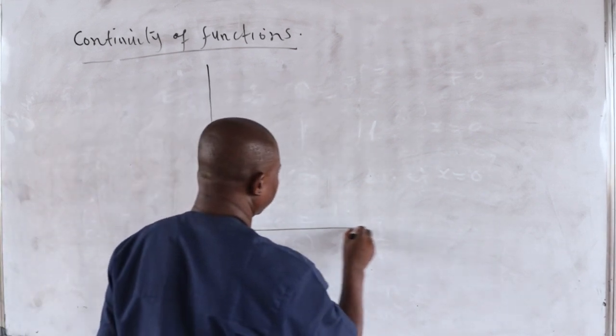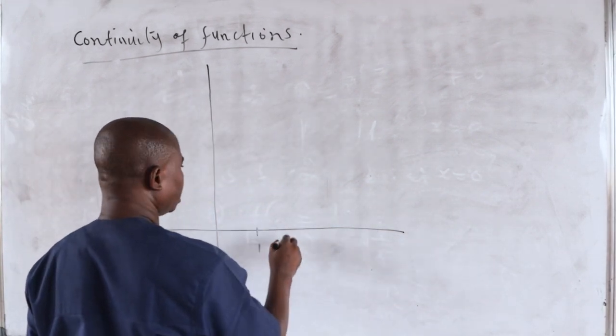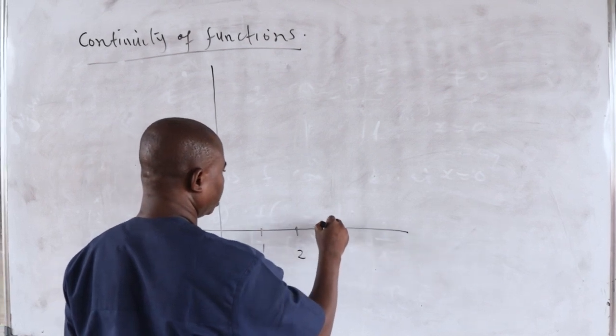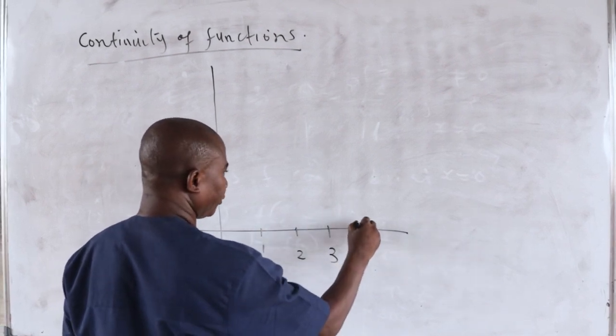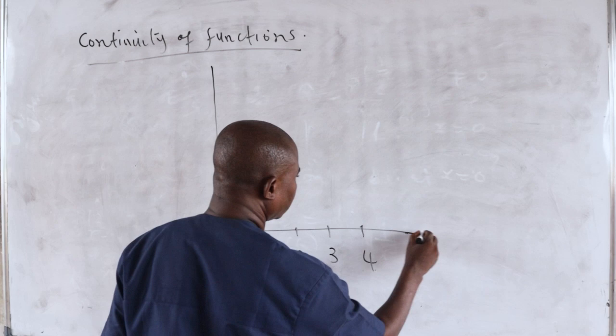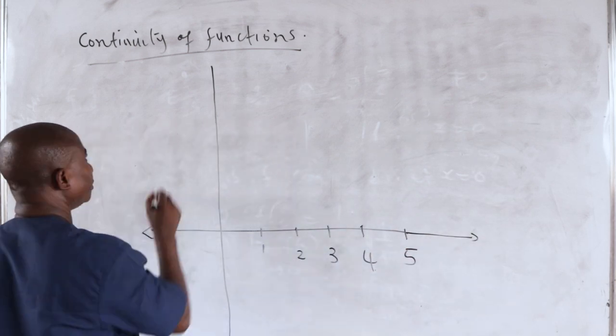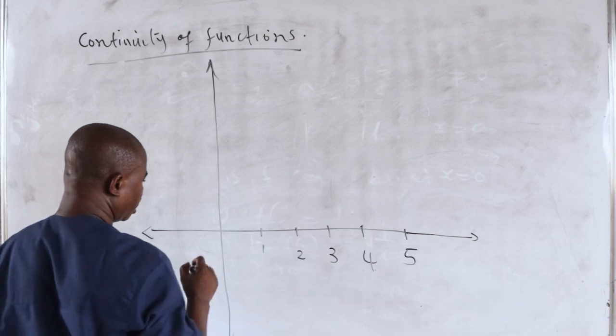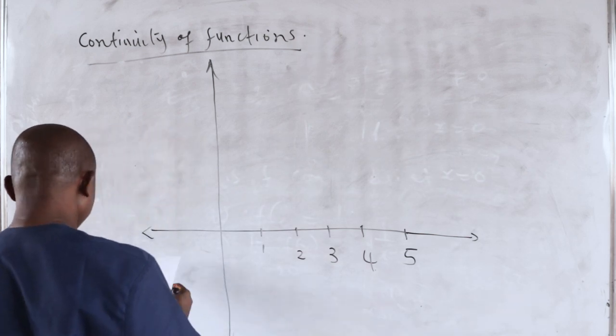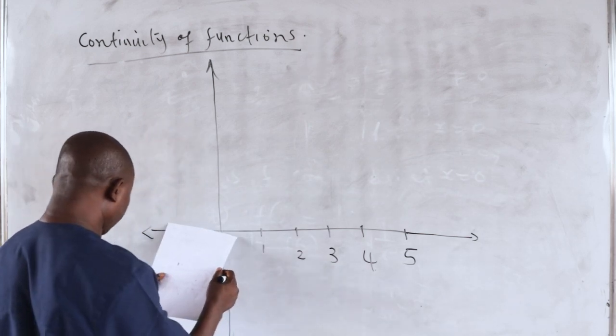Whose graph is this one? This is 1, this is 2, this is 3, this is 4. Say this is the point 5.